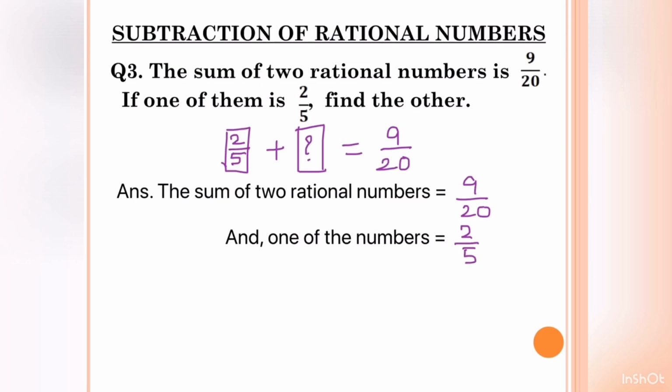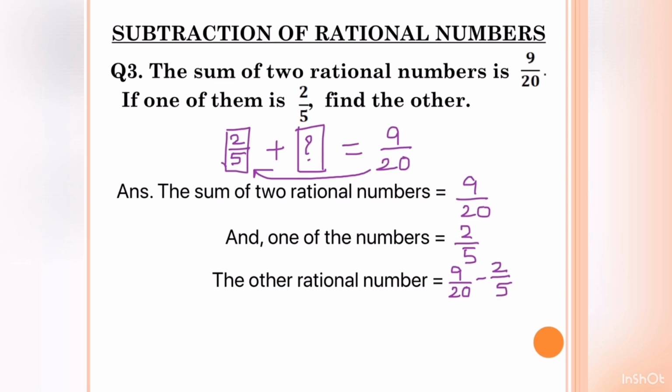We need to find the other rational number. To find the other rational number, we need to subtract 9 by 20 minus 2 by 5.